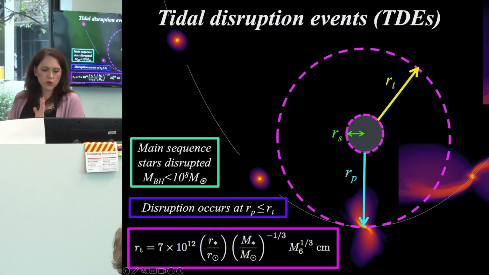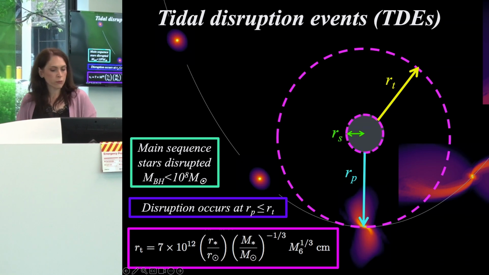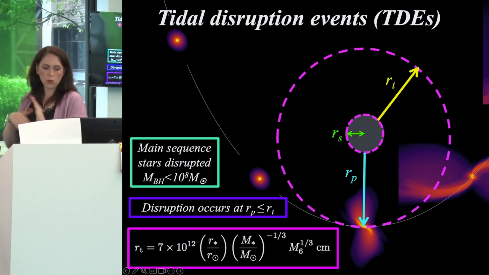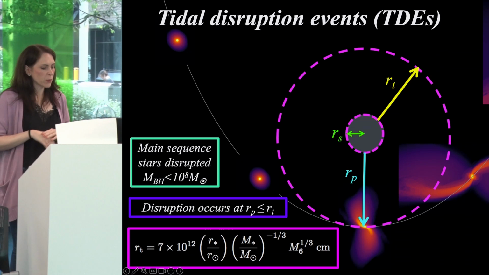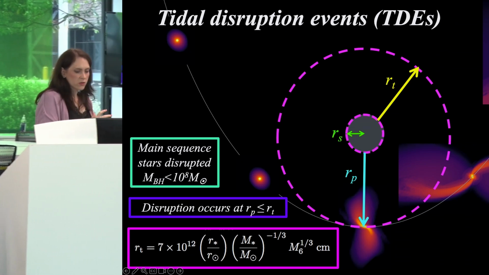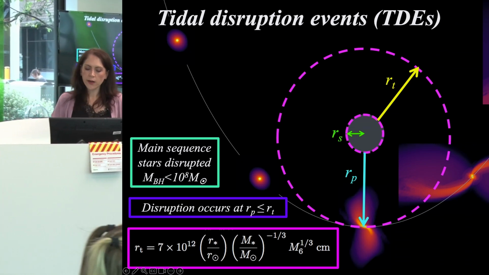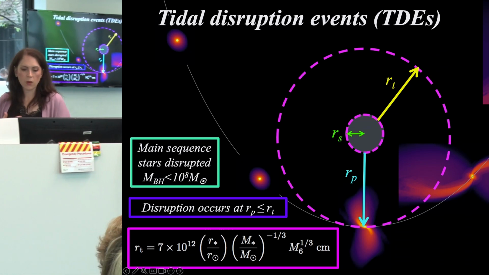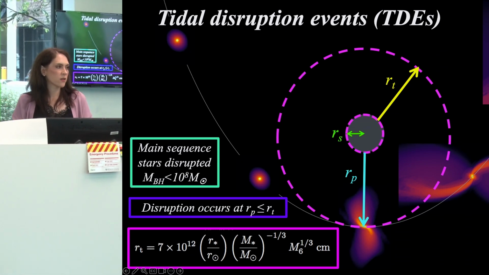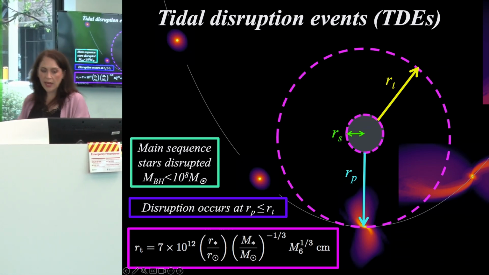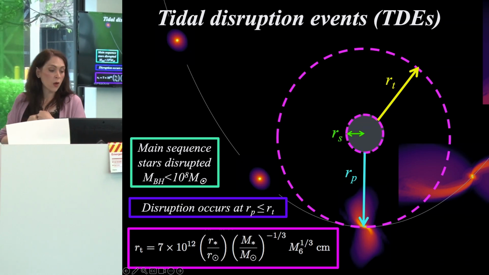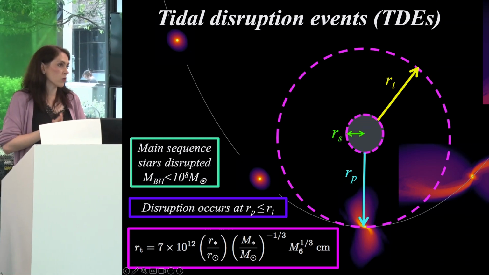And so the Schwarzschild radius of a black hole, which is essentially the radius within which no light or other radiation can escape the black hole, is proportional to the mass of the black hole. What we find is that the tidal radius will reside within the Schwarzschild radius for black holes with masses greater than about 10 to the 8 solar masses.